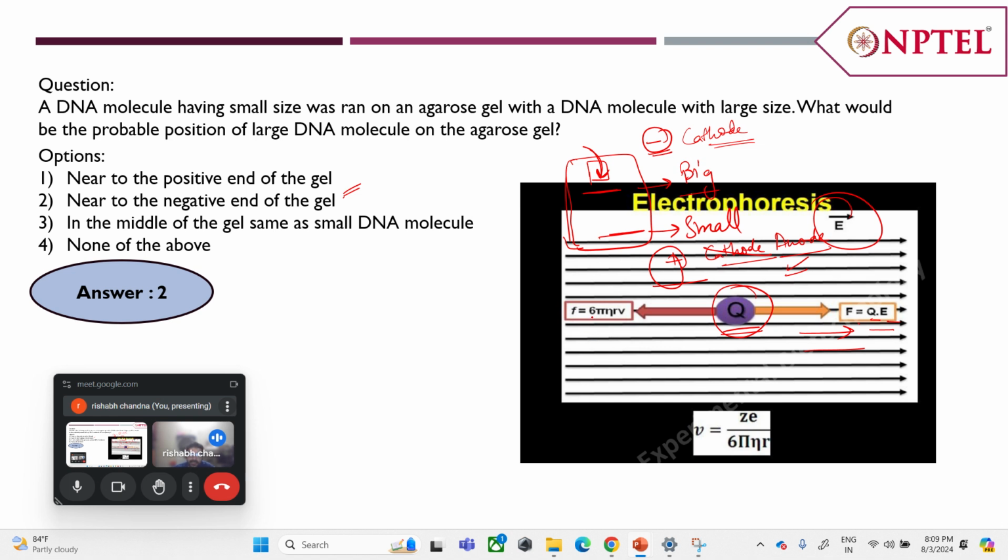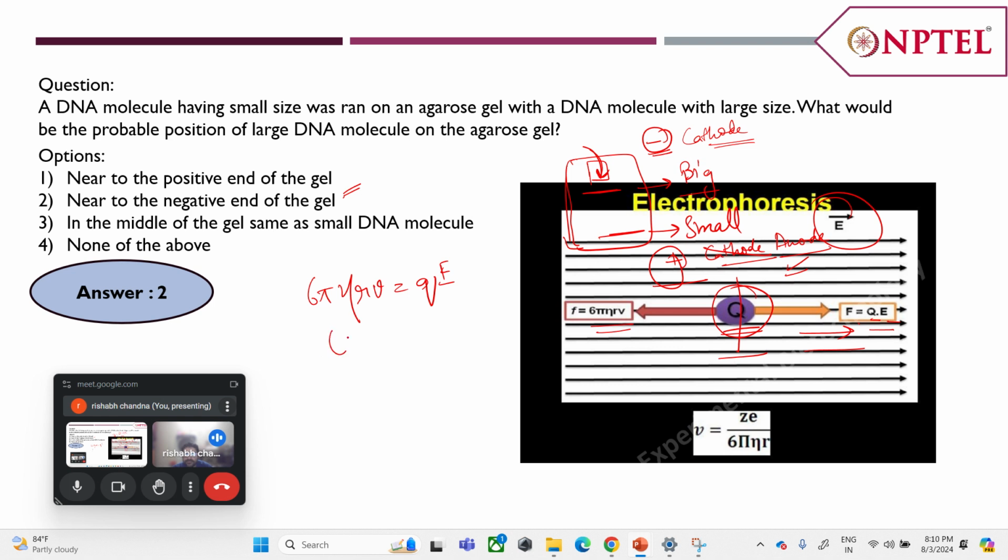So that would be equal to 6 pi eta rv. Both these forces will equal out when the molecule will stop. So 6 pi eta rv will be equal to QE.